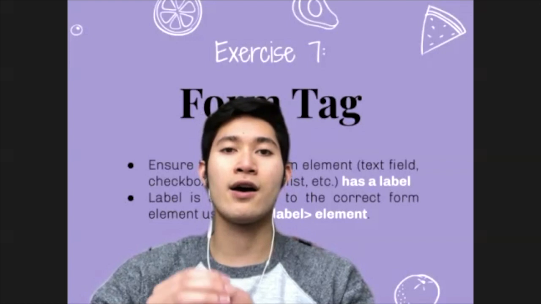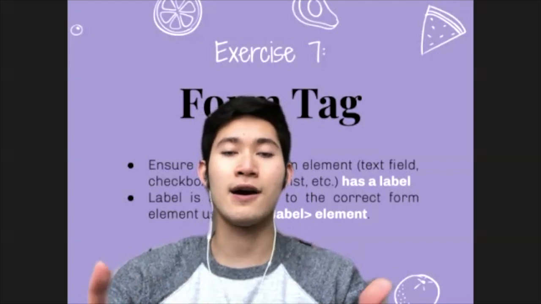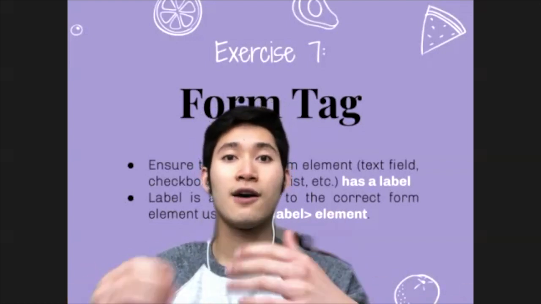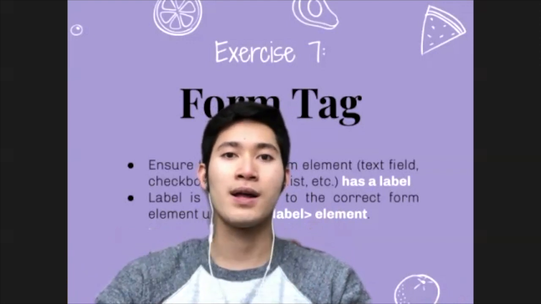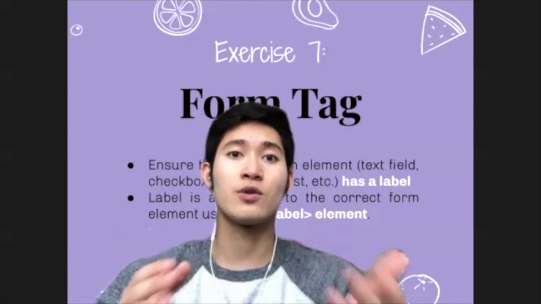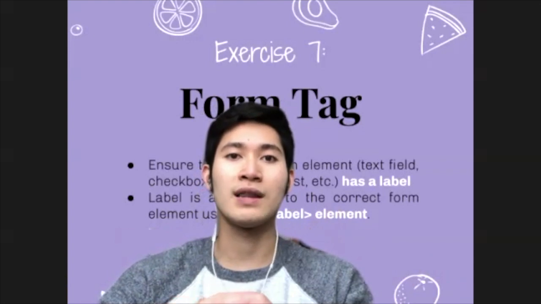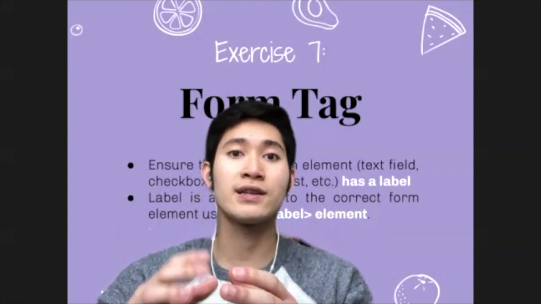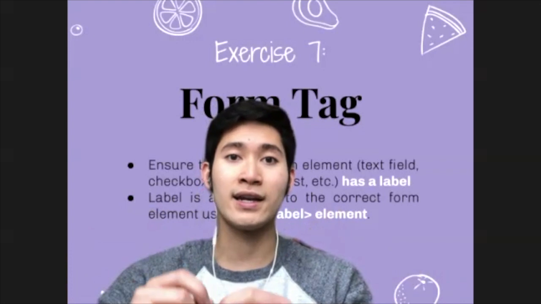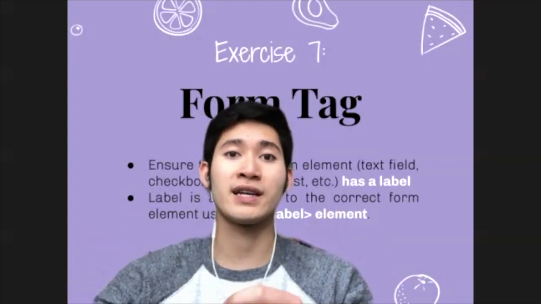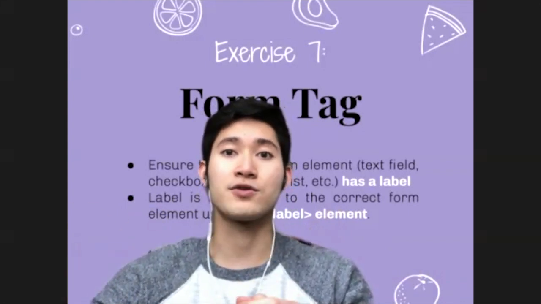We also need to ensure that form controls have a visual label, and this will help users with cognitive disability tremendously, because it allows them to quickly look at the label and know exactly what they should be filling in for those form controls.